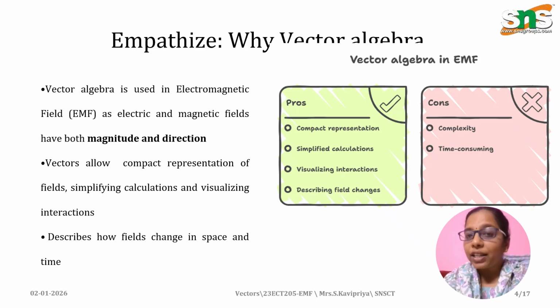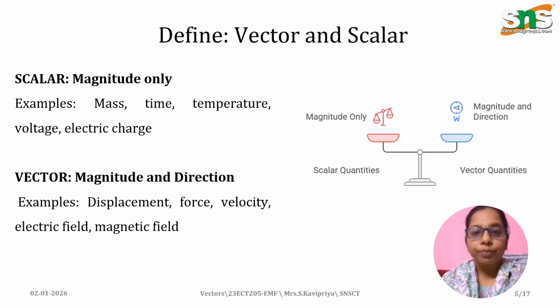So vector algebra can be effectively used to describe these electric and magnetic fields. It represents electric and magnetic fields more compactly and also makes the calculations simpler. That's the reason why vector algebra is used for analyzing the electromagnetic field.